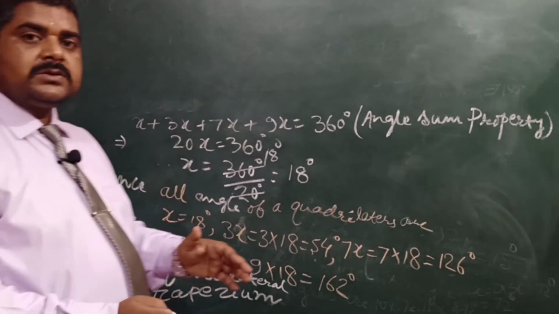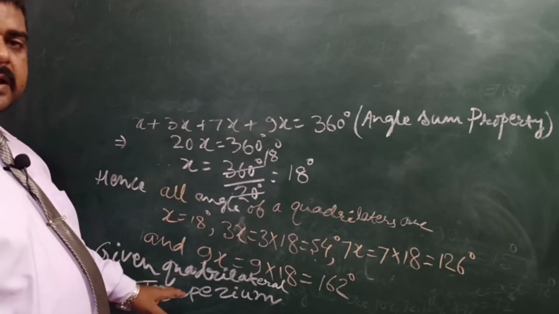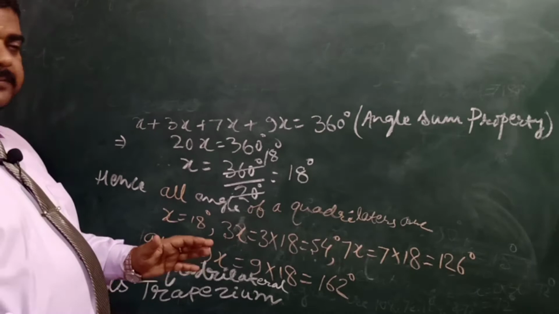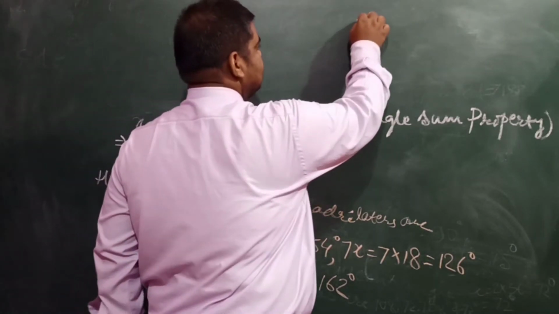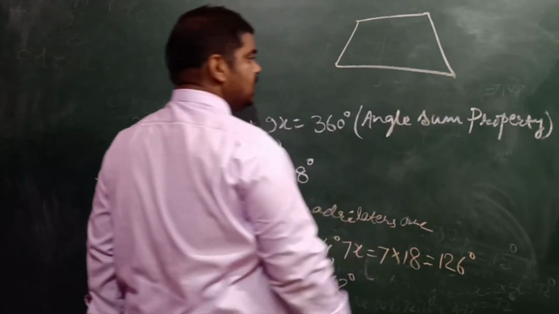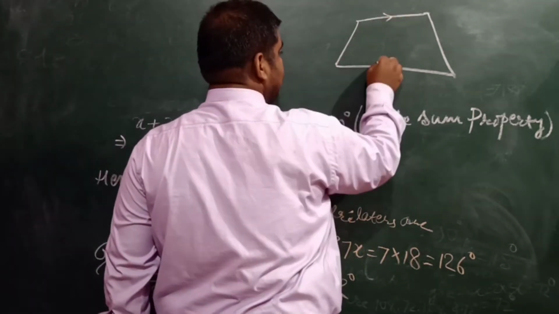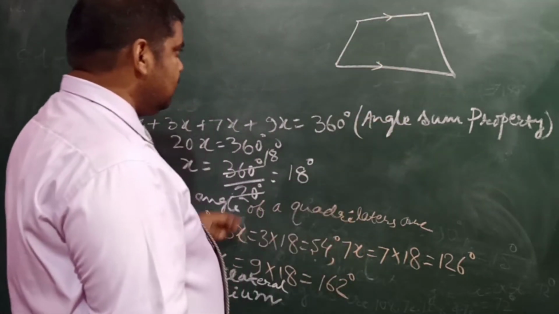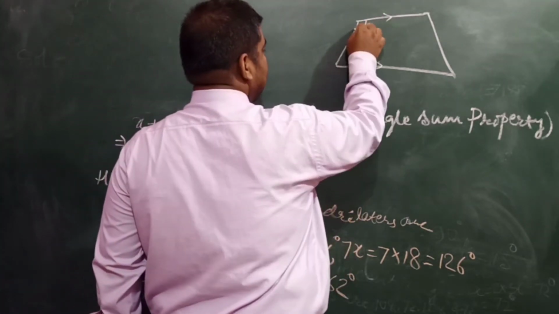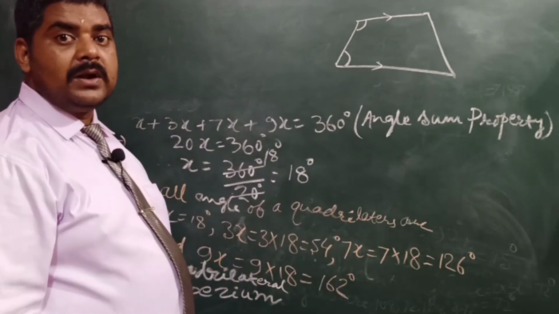The second part of this question was what the given quadrilateral is. The given quadrilateral is actually a trapezium. Why is it a trapezium? I will explain with the help of the trapezium. You know that in a trapezium one pair of opposite sides is parallel, and you can see the angles that you have found. The sum of co-interior angles is equal to 180 degree.